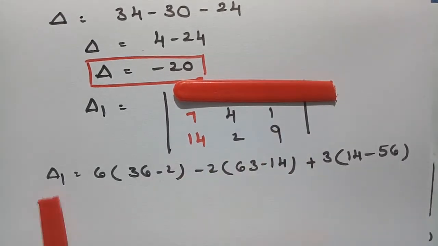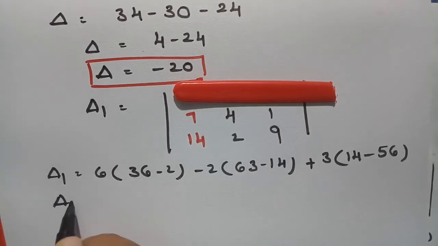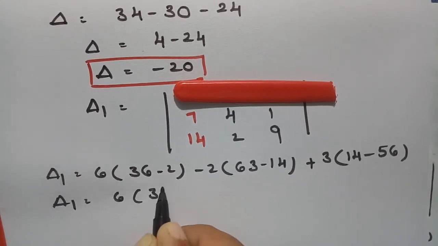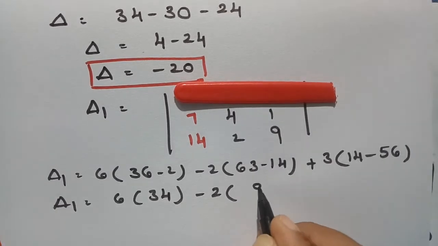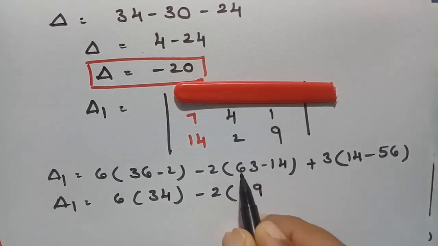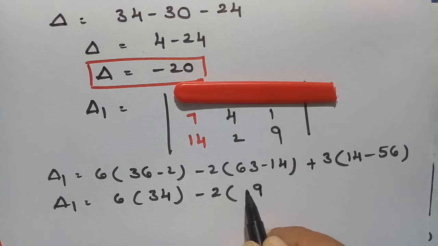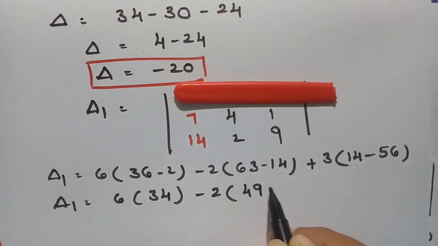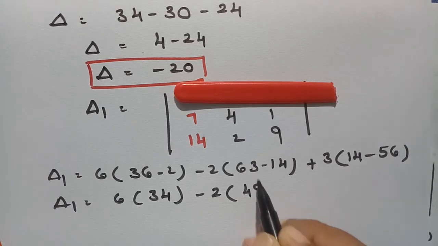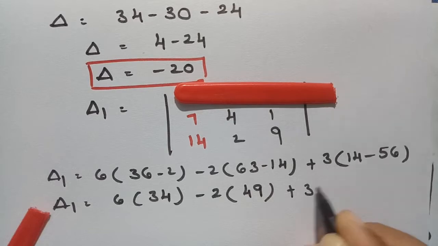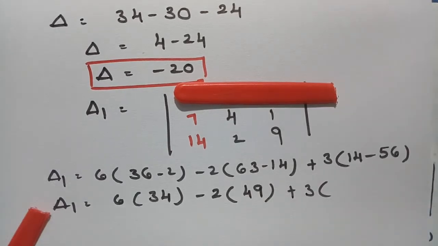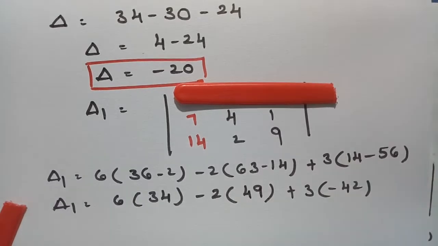So delta 1 is 6 times 34 minus 2 times 49 plus 3 times minus 42.